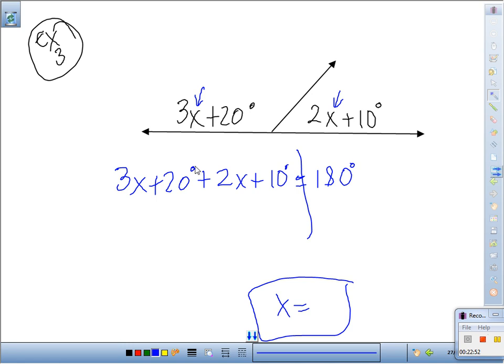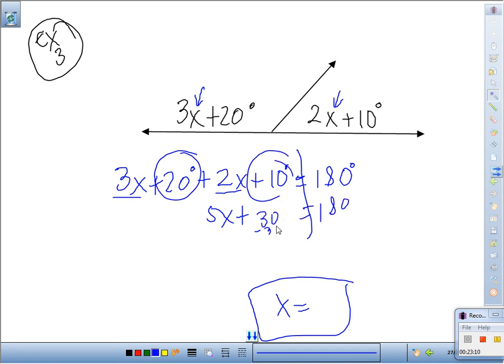Do you understand? Okay. Hold on, before you go, let me finish this because I sense a disturbance in the force. This is 5x plus 30 equals 180, minus 30, minus 30. That's 5x equals 150.